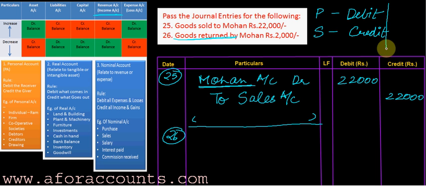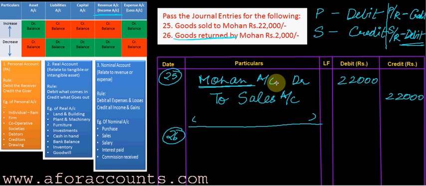So remember here that the opposite of purchase is purchase return. Purchase return will have a credit balance, and sales return, sales has a credit balance, so sales return will have a debit balance, or sales return will always have to be debited.